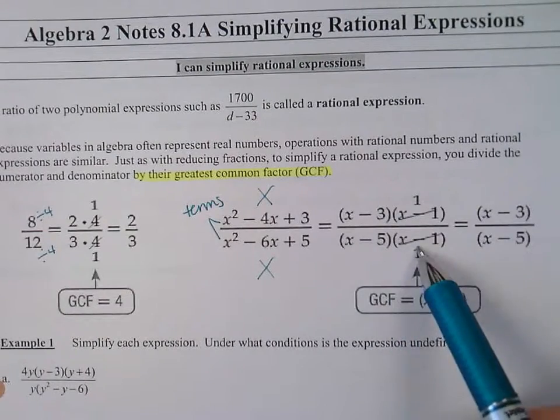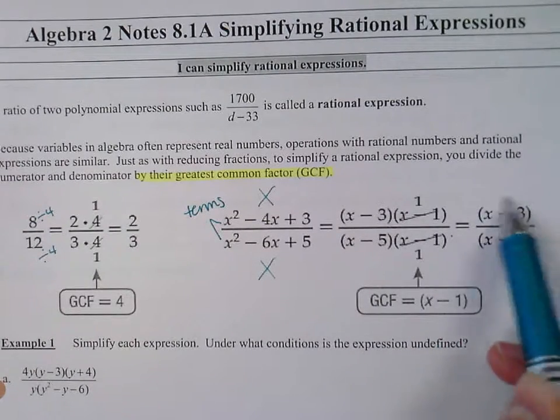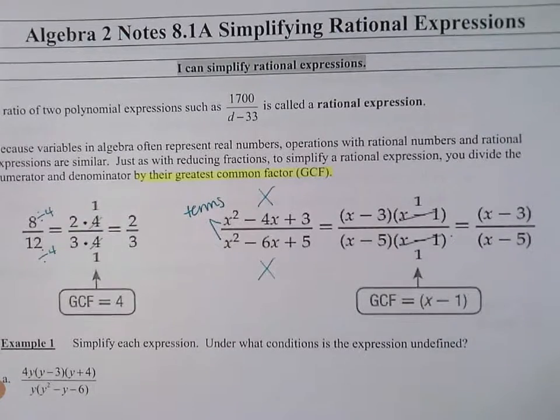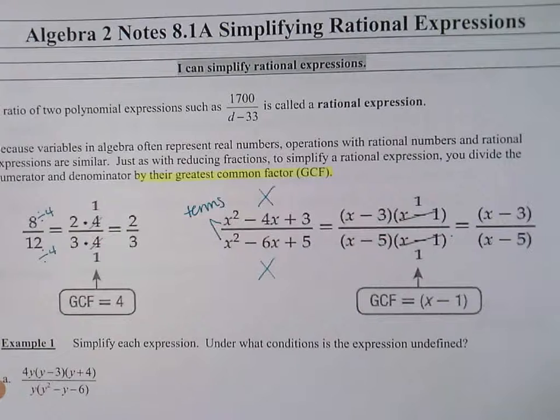These quantities are being multiplied, and notice they both have a factor of x minus 1, so those can get canceled, and then your simplified fraction is x minus 3 over x minus 5. And again, these x's cannot cancel because they are terms.